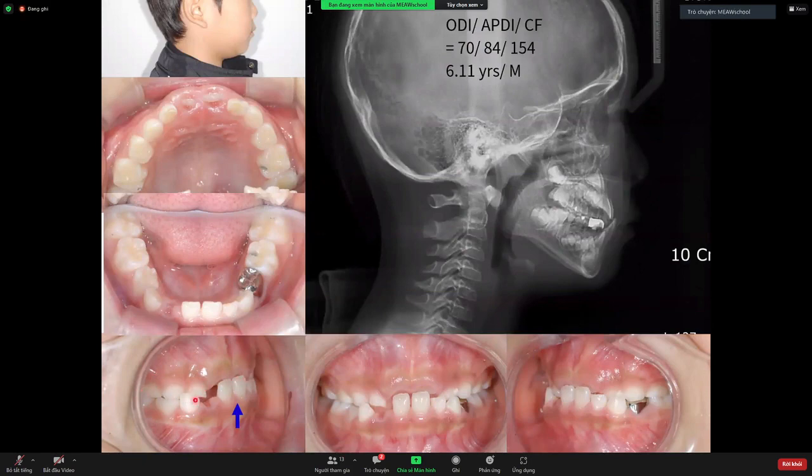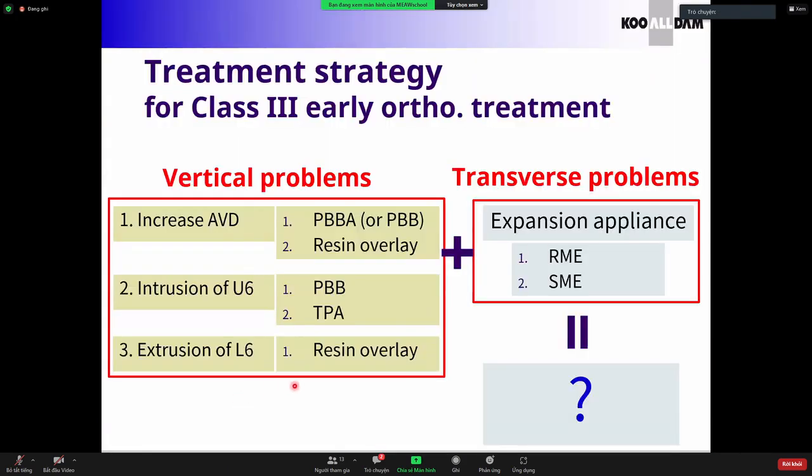So you should check and control the over-eruption of the lower incisor. So this is a summary of the treatment strategy for class 3 early orthodontic treatment.